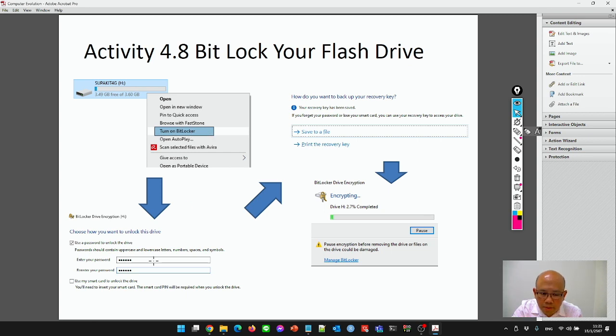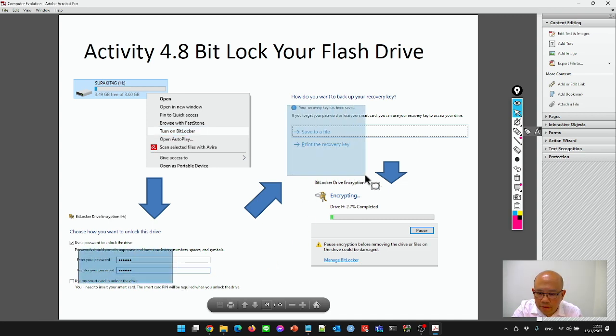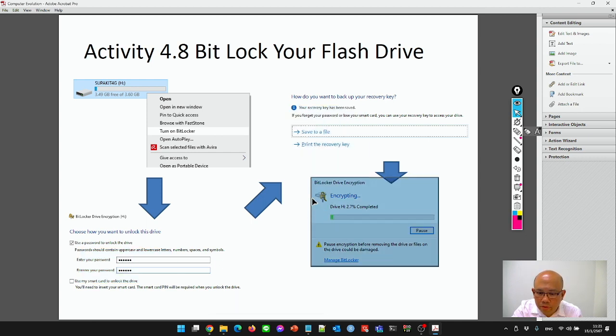When you turn on BitLocker and enter the password and then save some data to the flash drive, your data will be encrypted. When you insert your flash drive into another computer and need to read the data, you will enter the password to open the drive first. Okay, try this activity.